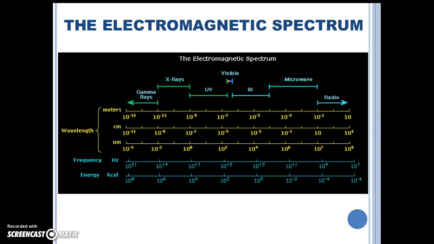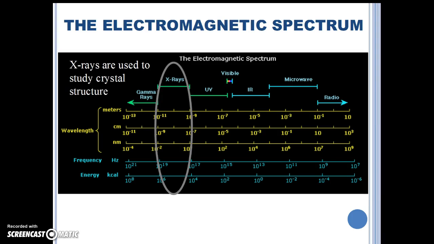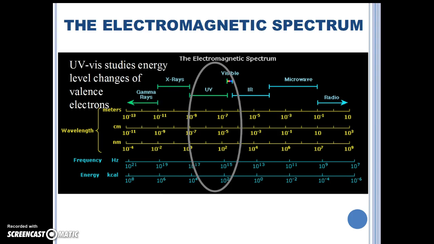This is the electromagnetic spectrum to give you an idea of what we're talking about. X-rays are typically used to study crystal structure. This is where Dr. Pauling first made his impact in chemistry. The UV-Vis spectrum, we're studying the energy level changes of valence electrons in and out of chemical bonds.